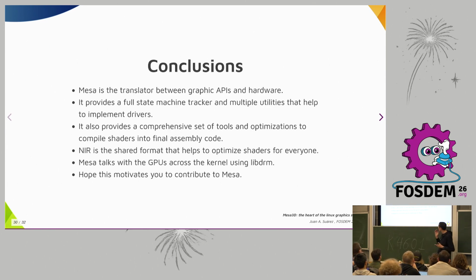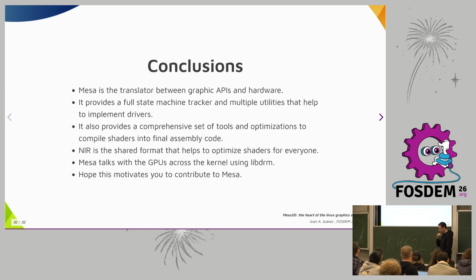So, as conclusions, Mesa is basically a translation between different graphics APIs and the hardware. For the case of OpenGL, it provides a full state machine tracker and multiple utilities that help to implement the drivers. It also provides a very comprehensive set of tools for compiling shaders, provides a lot of optimizations and helpers just to get the final assembly code.